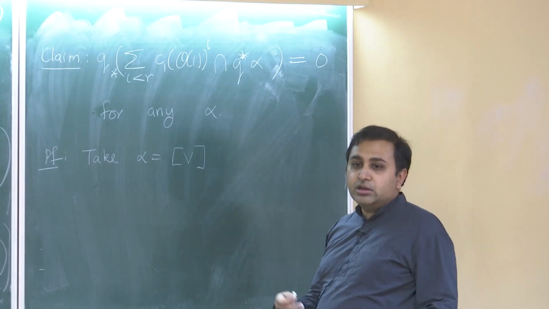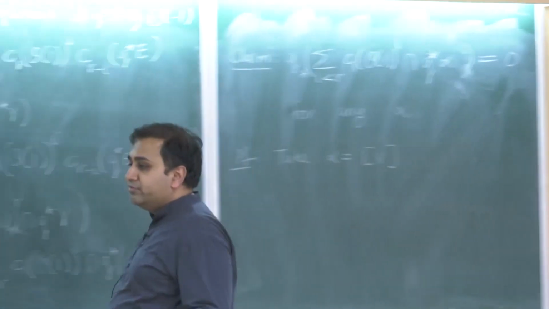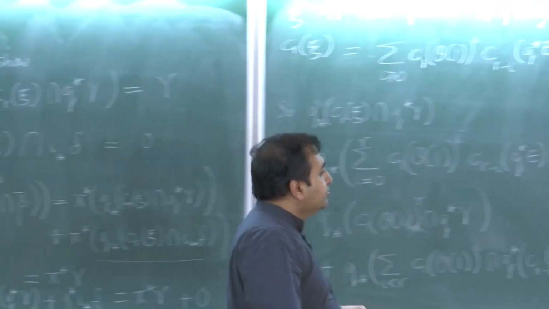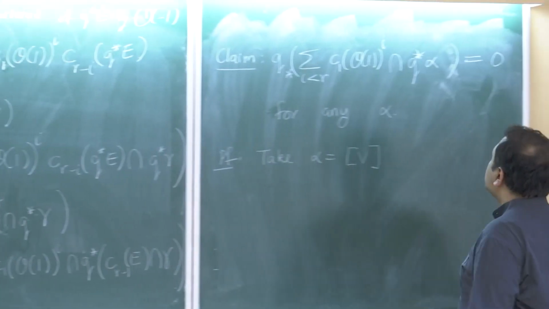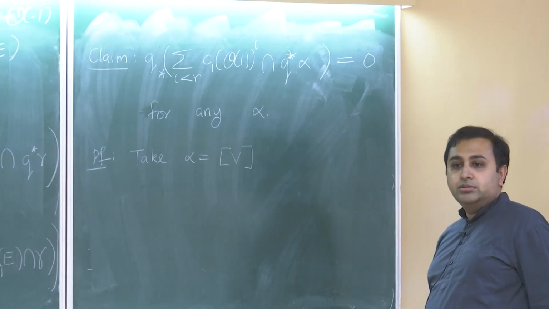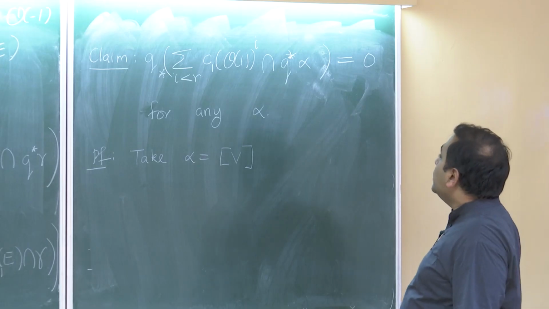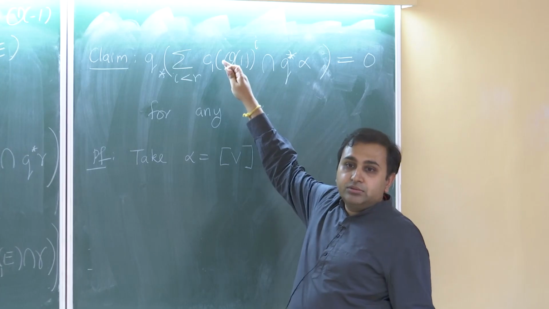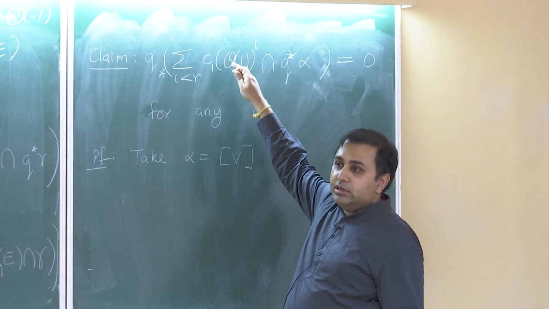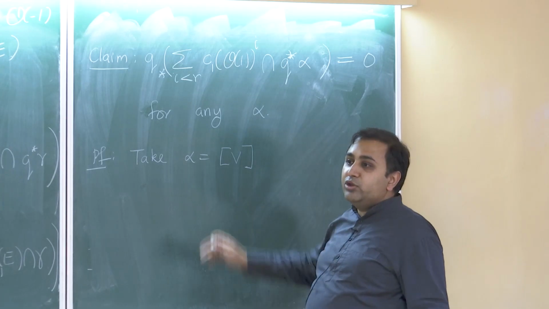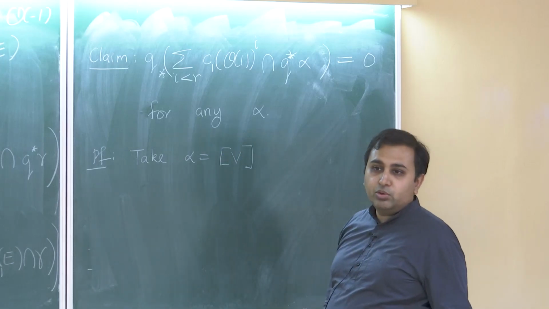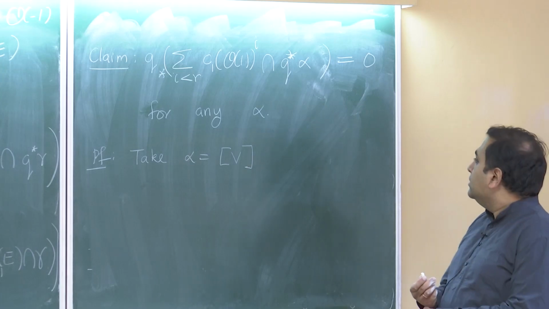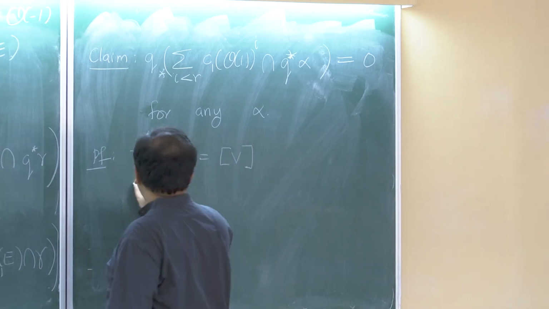It will be the class of the pre-image of V, which will be of dimension of V plus R. And now you are capping it with fewer than R copies of C1, and then this will be 0 when you push down, because you're simply not capping it down enough. So check dimensions basically.